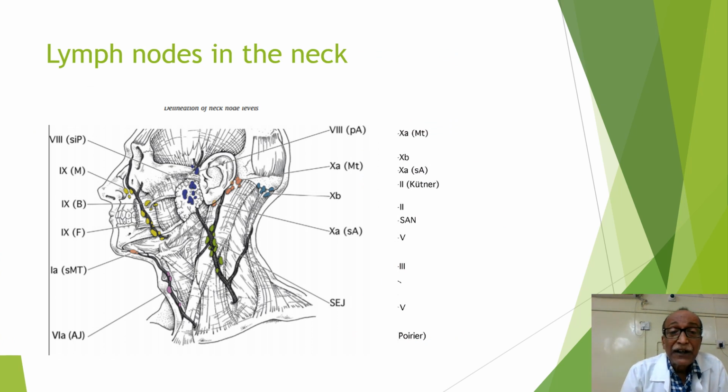This is a more detailed description of the lymph nodes. Besides knowing them by their regions as submental, submandibular, upper jugular, lower jugular, we have now numbered them. This is a very complex numbering system. We need not talk about that.